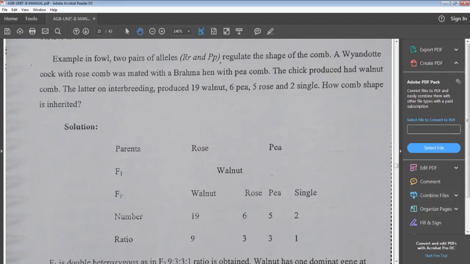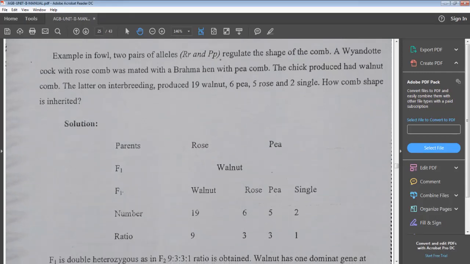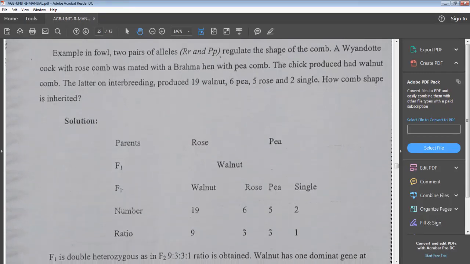We'll move forward in our example. The chick produced had a walnut comb. After crossing capital R, small p, if we are crossing it with small r with capital P, we will get the individual which will be having capital R, small r, capital P, small p.